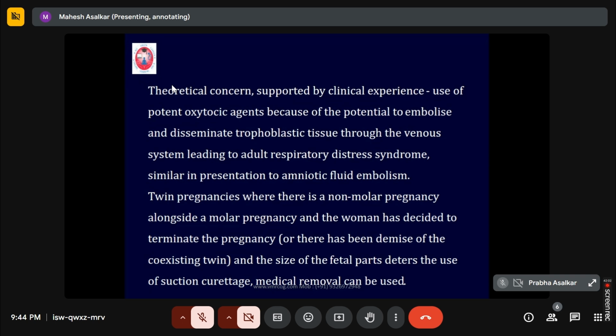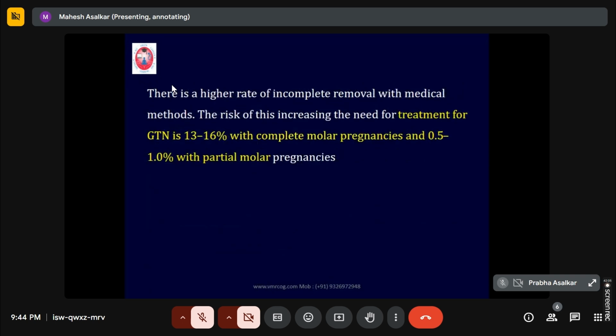There is a higher rate of incomplete removal with medical methods. The risk of this increasing the need for treatment for GTN is 13 to 16% with complete molar pregnancy and 0.5 to 1% with partial molar pregnancy. So GTN treatment will be required in 13 to 16% of complete molar pregnancies and 0.5 to 1% of partial molar pregnancies.